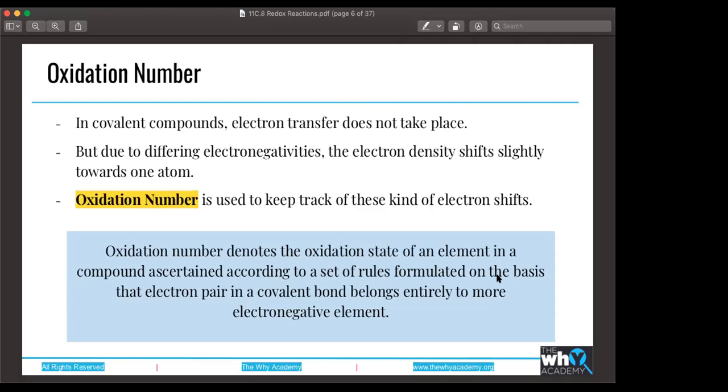And these rules are basically on the basis that the electron pair in a covalent bond belongs entirely to the more electronegative element. Because we are outright giving it a whole positive or negative charge, again, this is not actually what happens in a covalent compound. We're just assuming that the electron pair in the covalent bond shifts completely towards the more electronegative element.